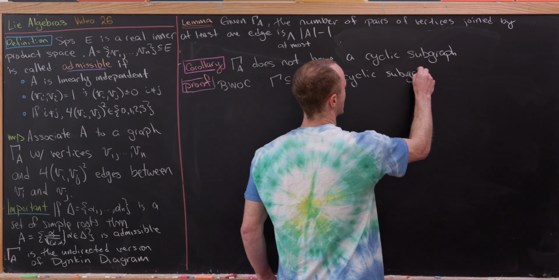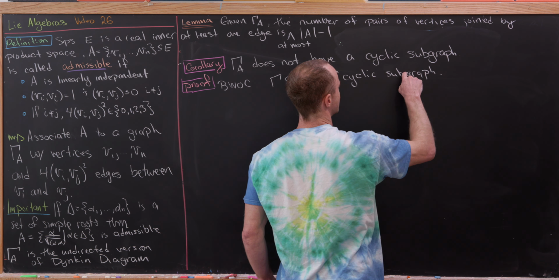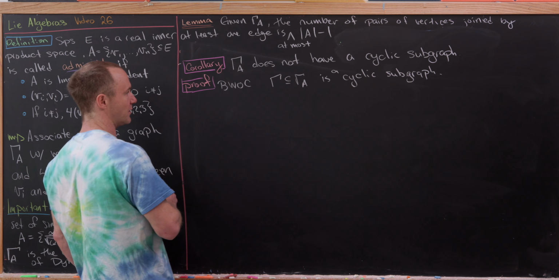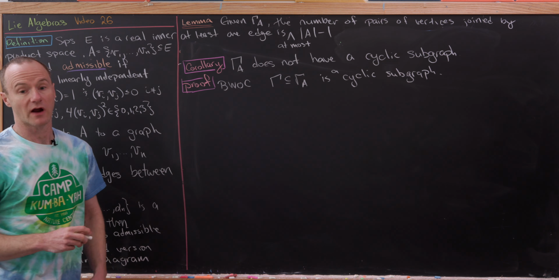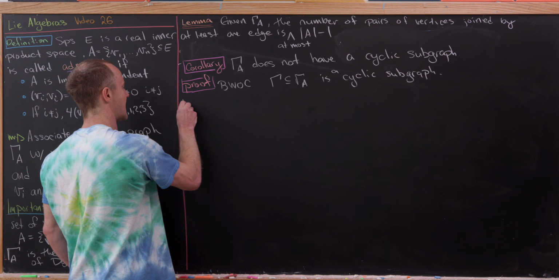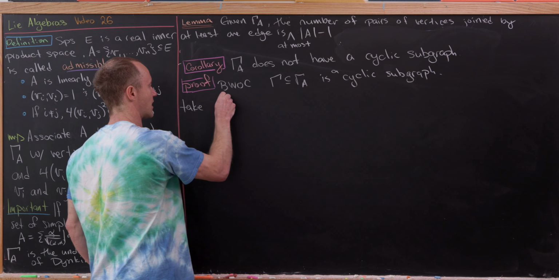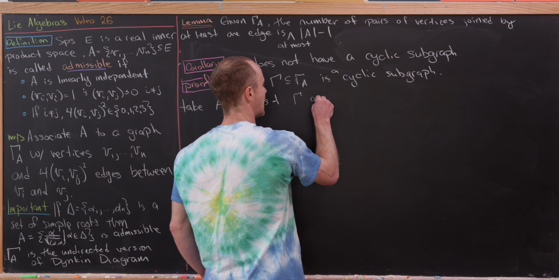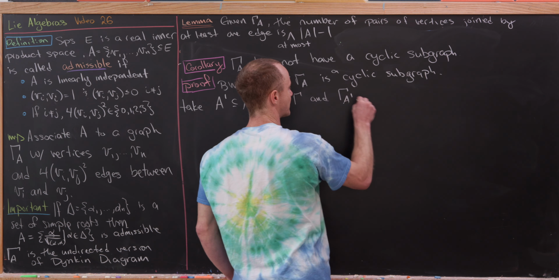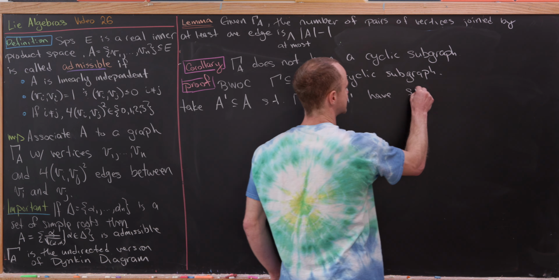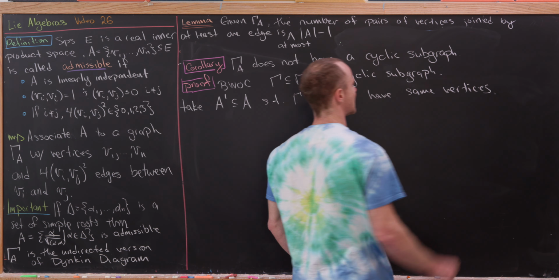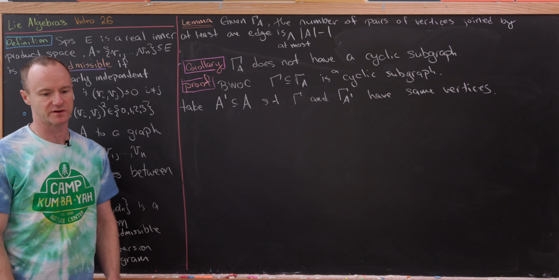Now, if you don't remember what a cyclic graph is, that's okay, because we're about to see what that is. So now, before we see what a cyclic graph is, let's take A prime to be a subset of A such that gamma and gamma of A prime have the same vertices. So we don't know that they're the same graph, but they have the same vertices.